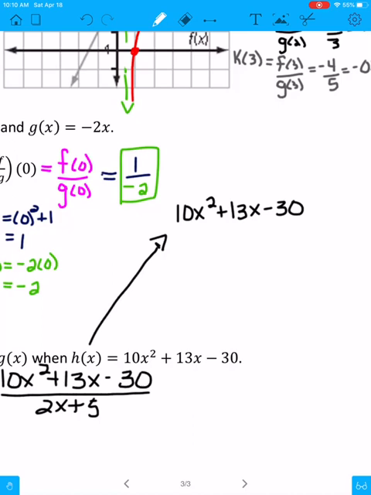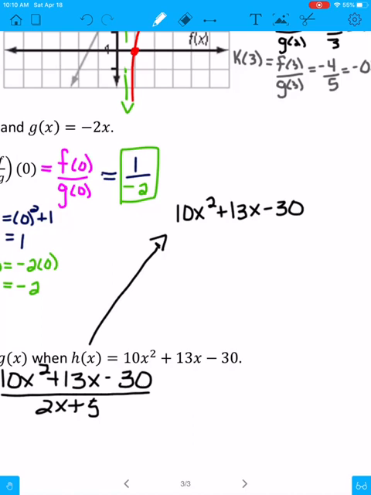So what multiplies to give me 300 and adds to give me 13? Well, let's see. 10 and 30 would give me 20, so that doesn't work. What about 15?